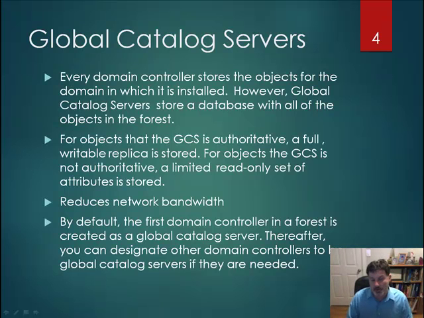But having a global catalog server which indexes all of these resources, I am not going to have to go out with my resources and touch each of these servers. I can just find a global catalog server. It will point me to the appropriate resource. This is going to, over time, save a lot of network bandwidth.